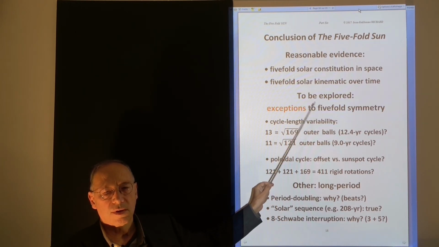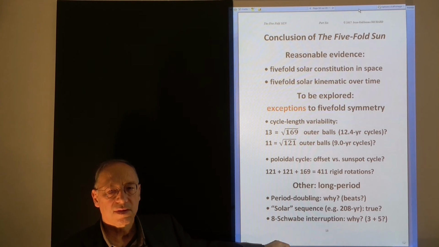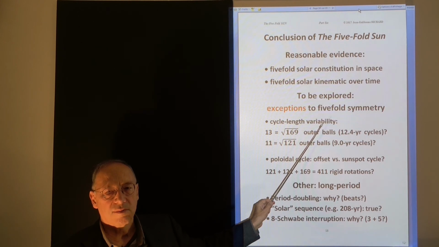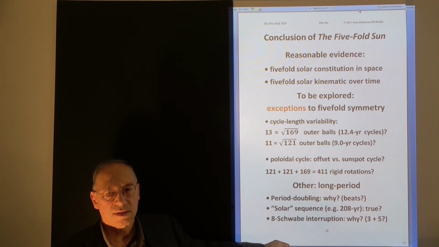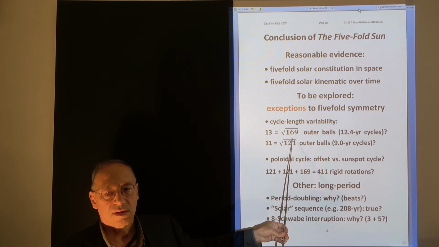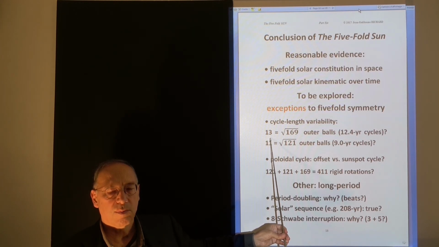There remains to be explored a set of exceptions, in fact, to this suggested fivefold symmetry. The cycle length variability may be associated with a varying number of outer balls in the Sun, if it is true that the characteristic outlying lengths are 169 rotations and 121 rotations, and that the roots of these numbers may correspond to a variation about the icosahedral value 12.